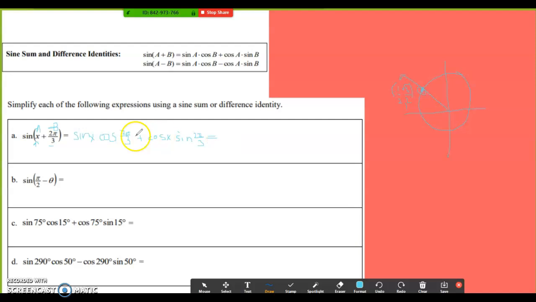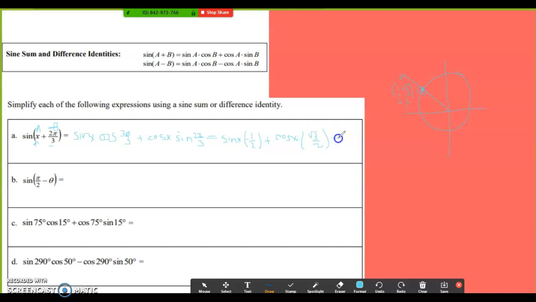So to simplify this, I don't know the sine of x, so this would just be the sine of x times, I know the cosine of 2 pi over 3 is negative 1/2, and then plus the cosine of x times radical 3 over 2.